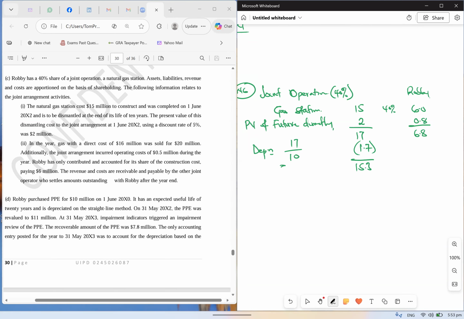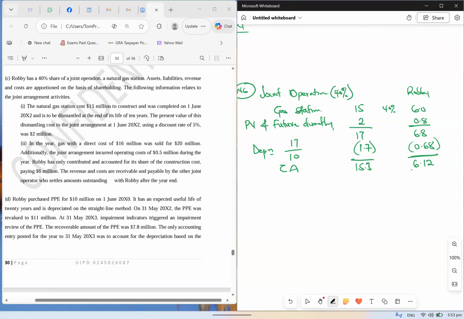What is 40% of these two? 0.68. And the difference, therefore, will be what? What's the carrying amount? 6.12. It is a joint operation.